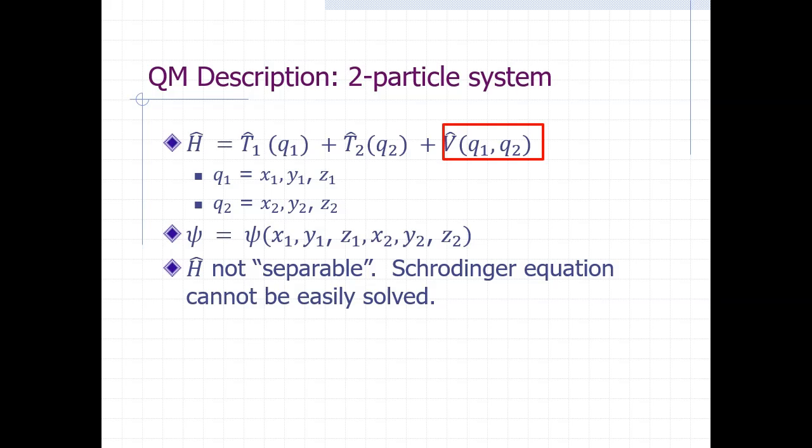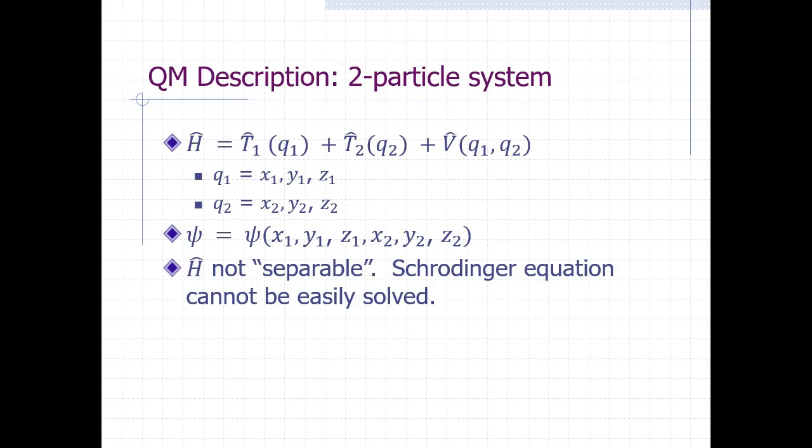Here, we are using Q1 to collectively represent the 3 coordinates of particle 1, and Q2 to collectively represent the 3 coordinates of particle 2. This means that the wave functions depend on a total of 6 coordinates.